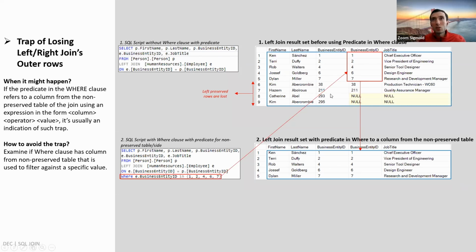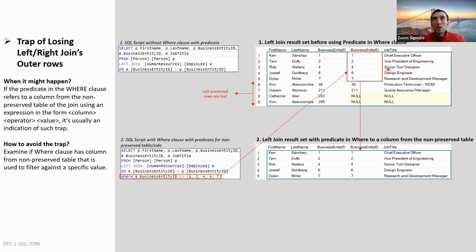And in the result set, we can see that we used a left join. So the left side, the person table, is preserved. So all the rows that exist in the person table, we have them here. 1 second, let me laser point. So we have them here.